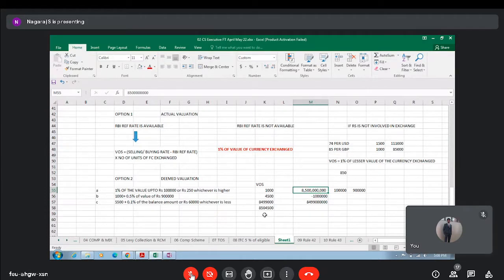That is another transaction. Though you are the same person, you are exchanging twice. Each time will be a separate transaction. Per transaction, your maximum value of supply will be 60,000. All put together, your value should not exceed 60,000.